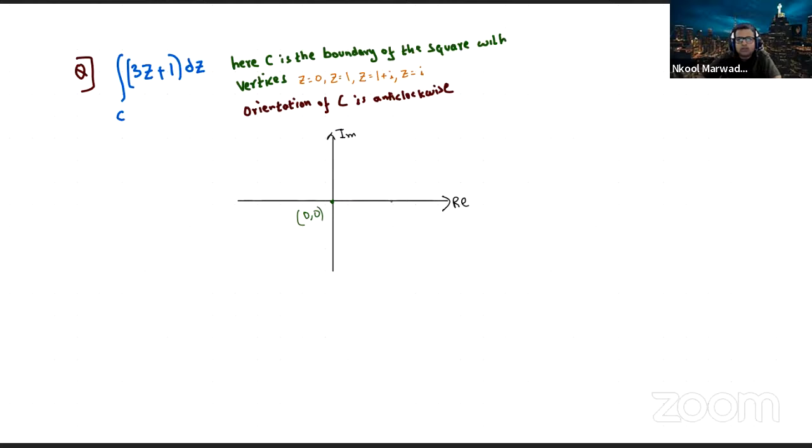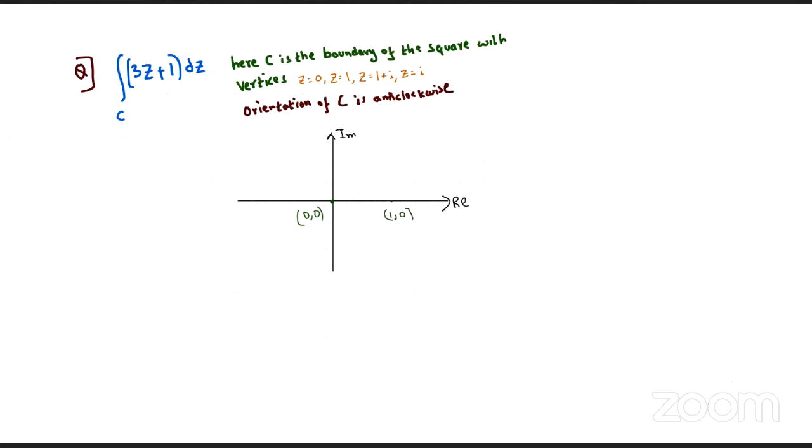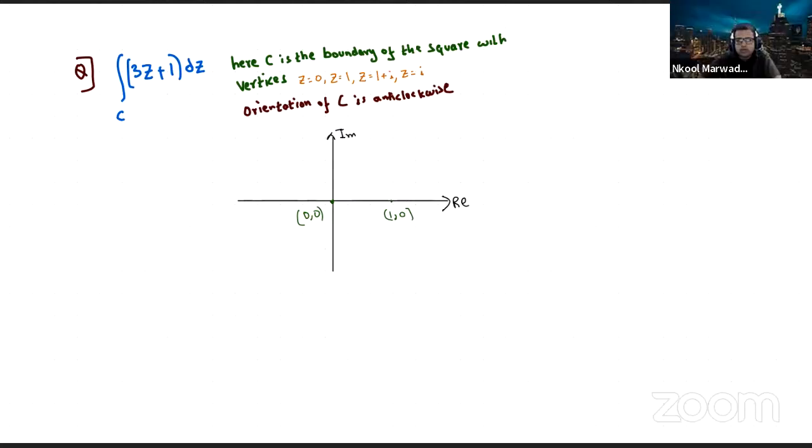The third point is 1 plus i, which means both the real part and imaginary part are 1, so 1, 1. And z equal to i means the imaginary part is 1 and the real part is 0, so 0, 1.